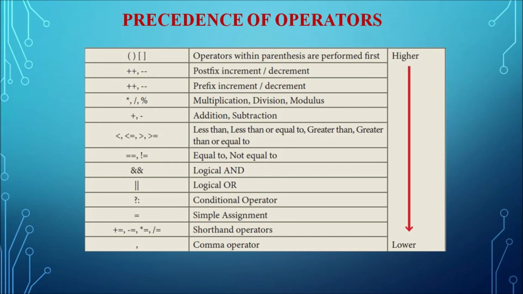From the first value, it has the higher precedence, and the last value has the lower priority. In mathematics you give the first preference to the brackets. Here also the open bracket, the close bracket and the square brackets are called parentheses. The expressions mentioned within the parentheses have the higher priority and will be performed first.